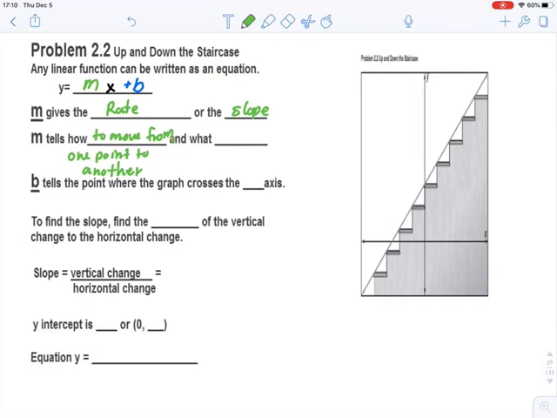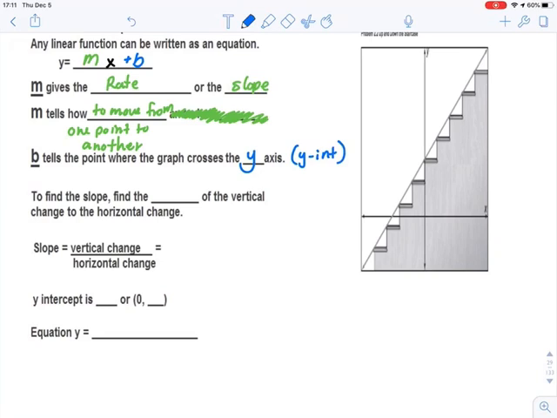And what, I'm not sure, so I just crossed it out. That's confusing. The B tells us where the point crosses the y-axis. That's why it's called your y-intercept.